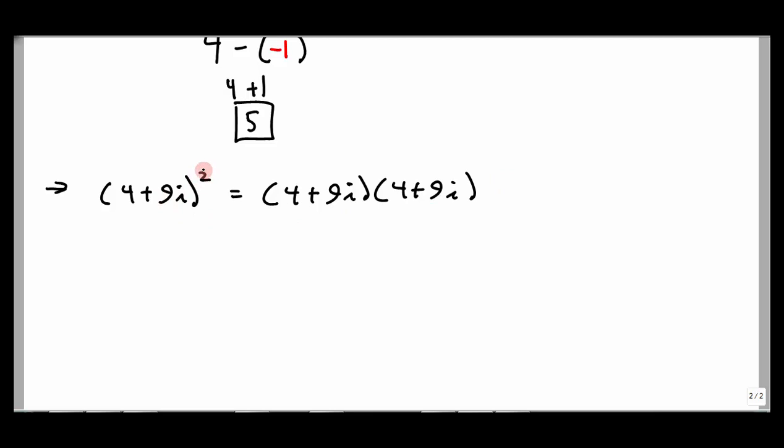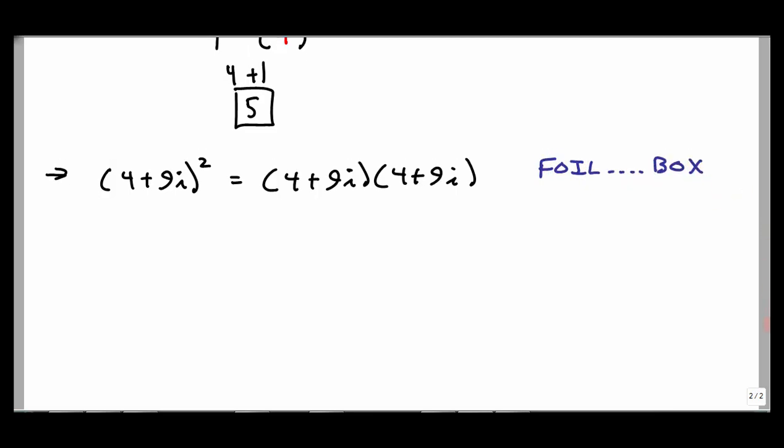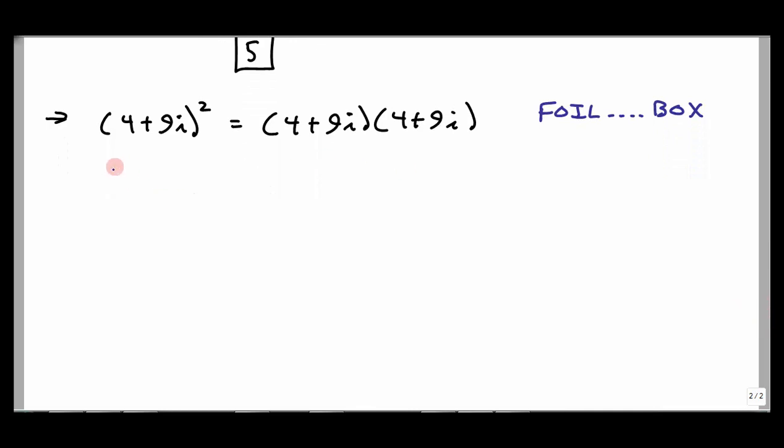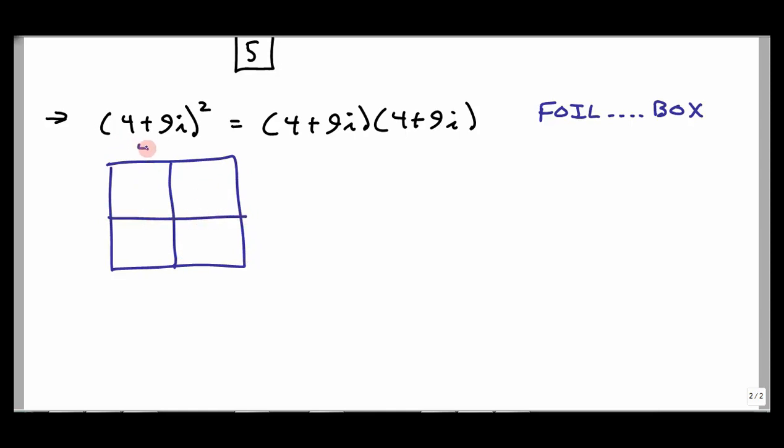So don't take the cheat and distribute the 2, because remember, that doesn't work. You miss your outside and your inside terms. So you could use the FOIL method here, but you could also use the box method. I used the FOIL method on the last problem, so this one I'm going to use the box method. Now if you'd rather use FOIL, we'll end up in the same spot, just a little bit different way of doing things.